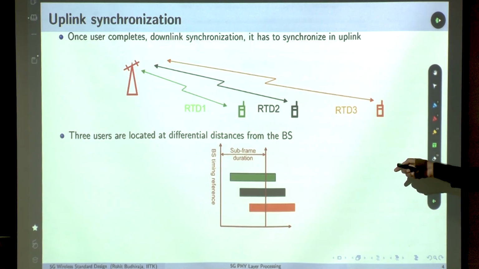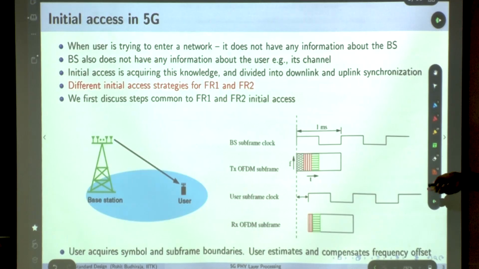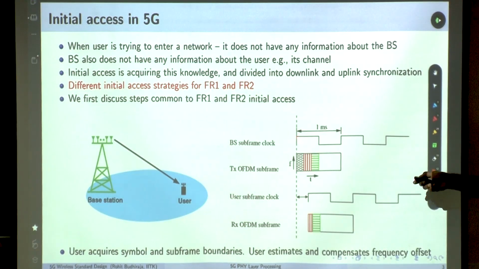Let's go back to understand this. There is our downlink synchronization. The base station transmitted this. What will happen to this signal?